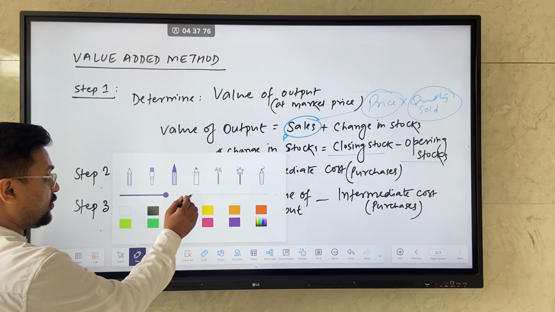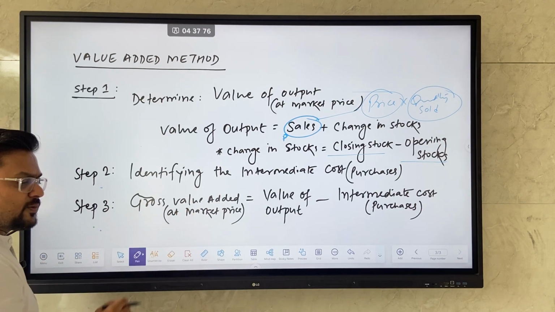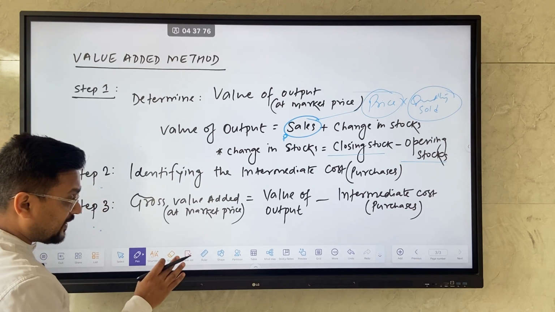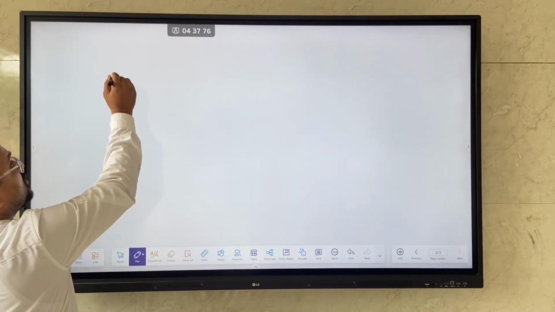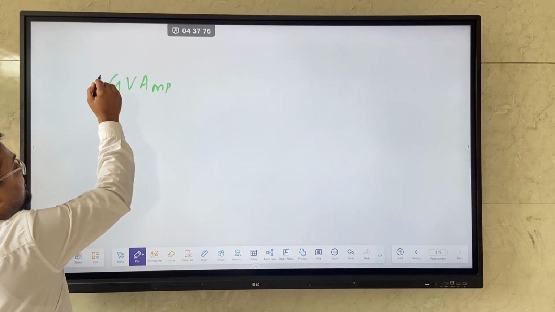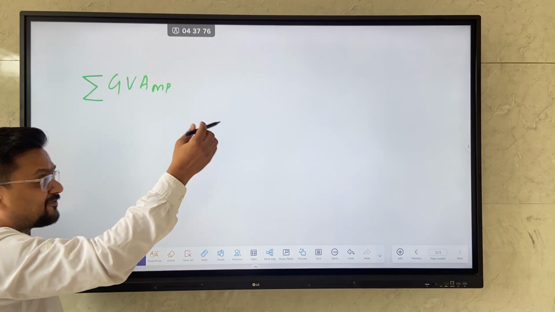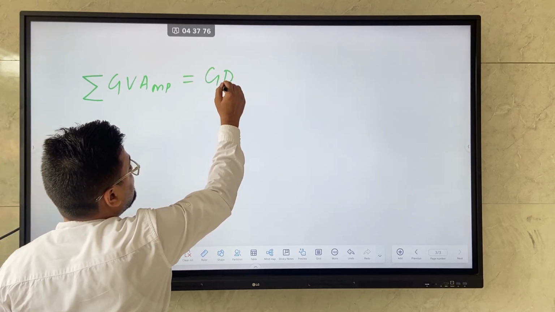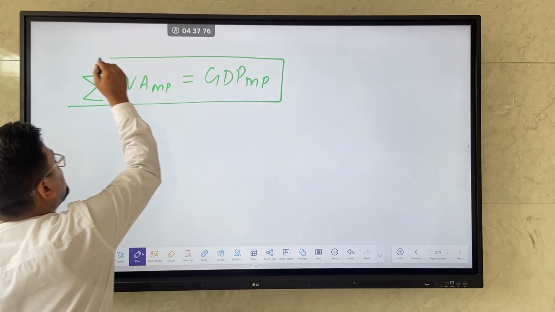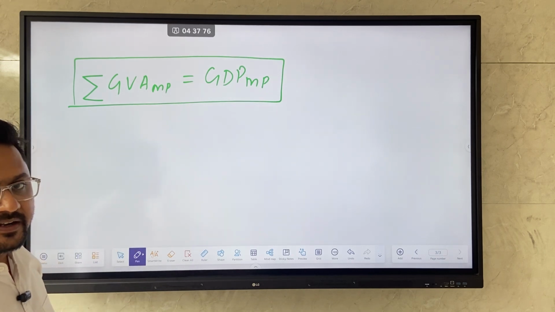But you have to keep in mind one thing: if we have gross value added, how do we arrive at national income? For that, it is important to understand that gross value added at market price, when we have sigma, that is the sum of gross value added by different firms, we get GDP at market price, right? So gross value added at market price of different firms, when added, we get GDP at market price.